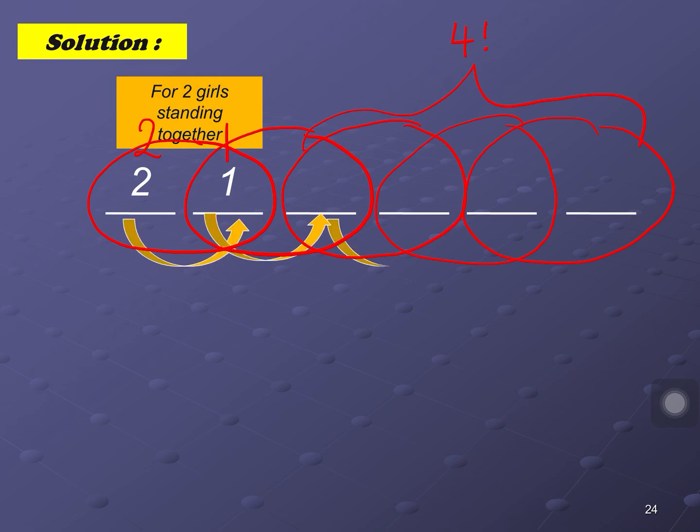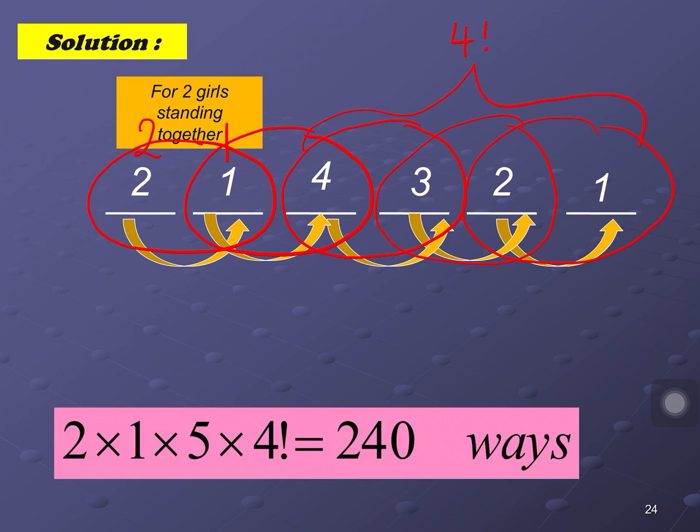So as you see, for 2 girls standing together, here are the number of ways they can be seated together, as I mentioned before. The rest will be 4 factorial, because that is the number of ways the boys can be arranged.